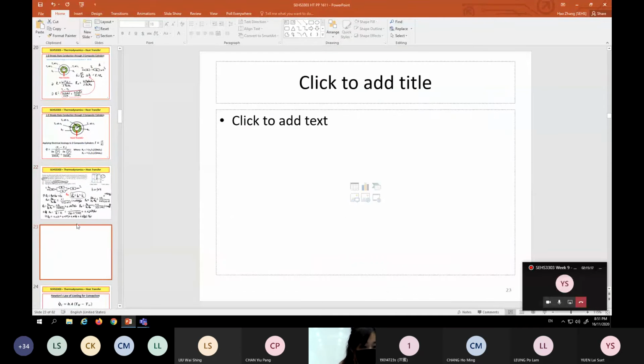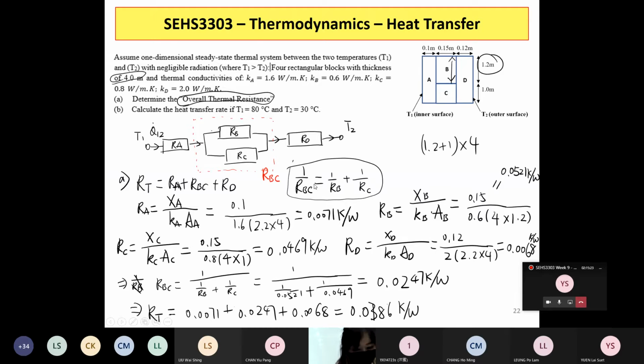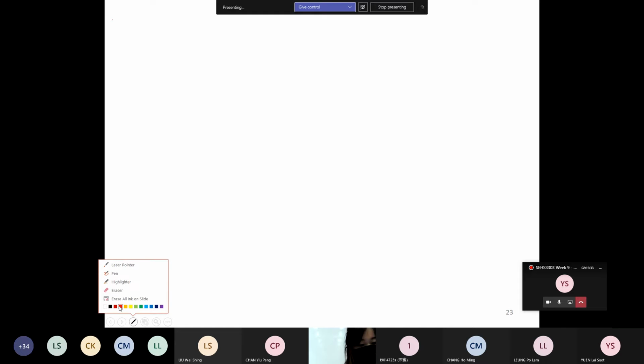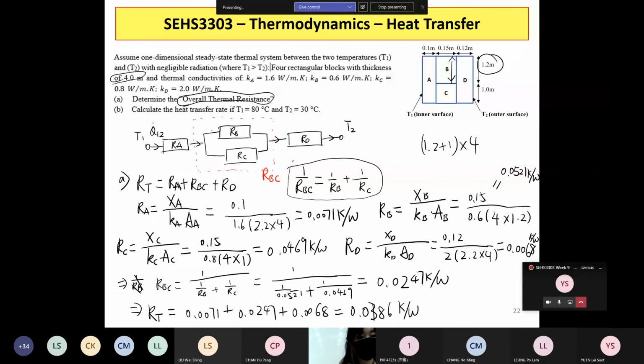I need a new slide. Now we know the number for the total resistor. We know RT. We'd like to calculate the conduction heat transfer rate.